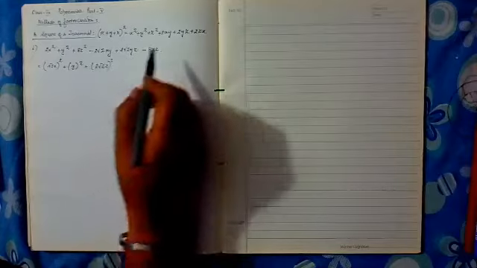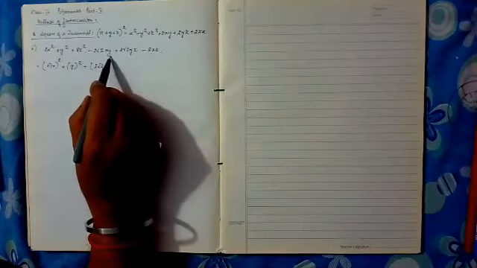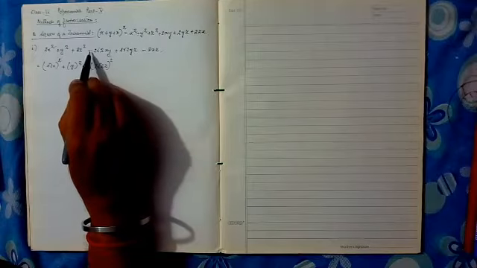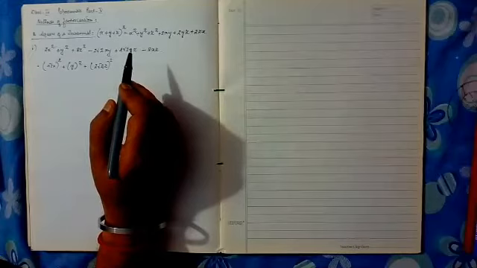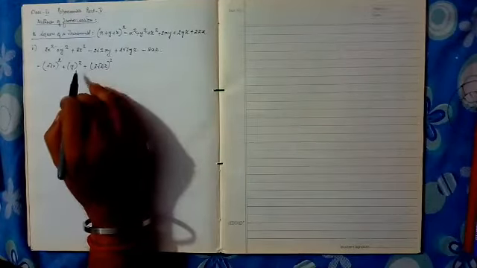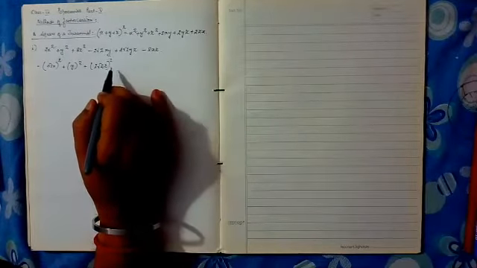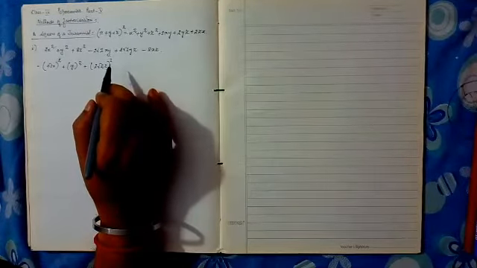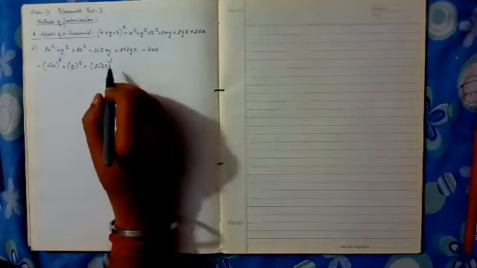Now what is this term? 2xy. As this is negative, either x is negative or y is negative. So to consider the sign, I am not giving the sign of neither x nor y.